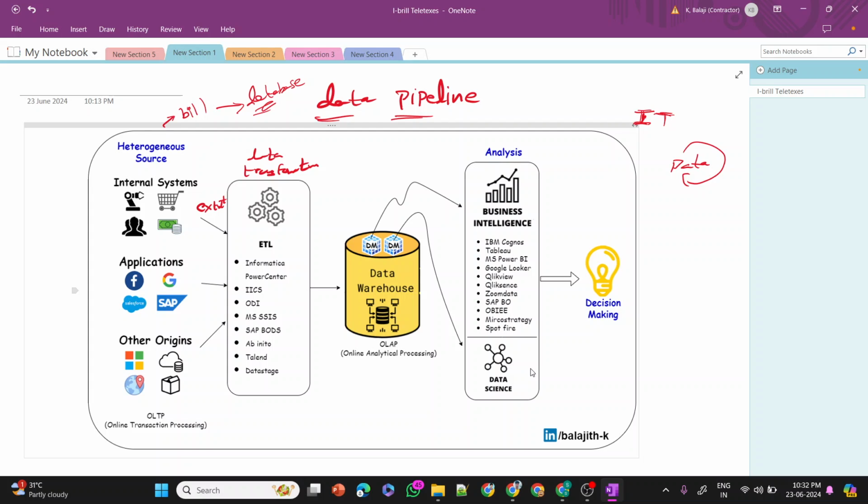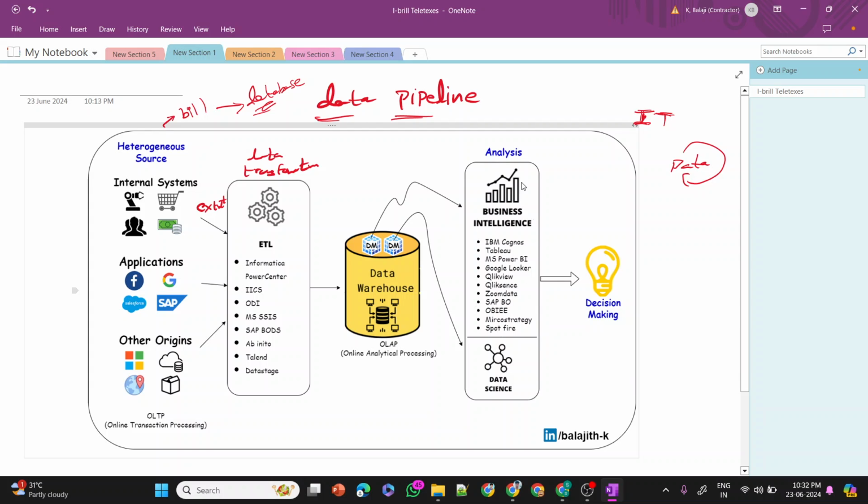After that, whenever we need to predict what will happen, we give the input data, and depending upon that, it will decide what will happen.